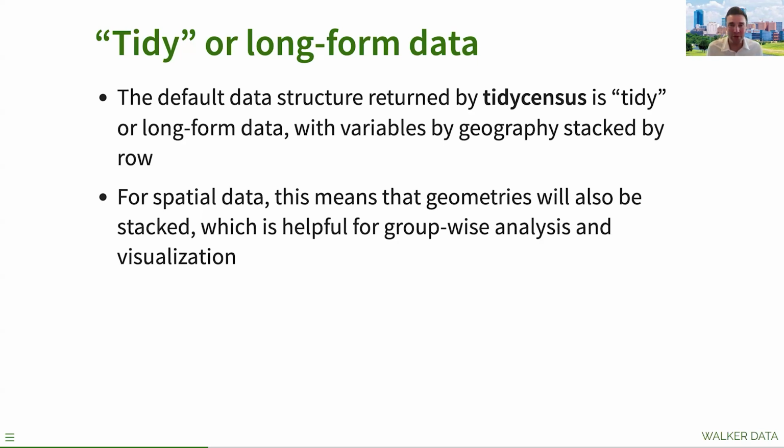Let me talk a little bit about data structure and why I've made some of the design decisions that I have. The tidy data model has data basically stacked by row. We also call that long form data in data analysis, and that works really well with tidyverse wrangling functions. It's why I called the package tidycensus, because I found myself reshaping my data to use it with the tidyverse all of the time. So I'm going to write this package and I'm going to do that by default.